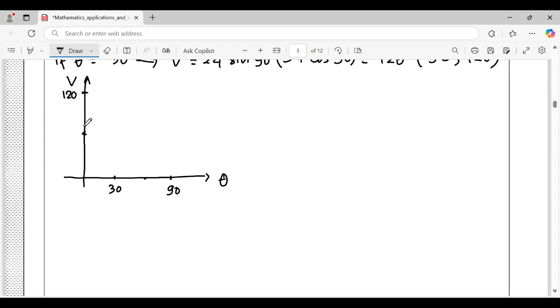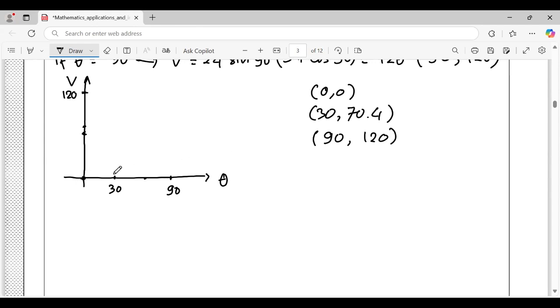This is 60, so 70 around here. First, the origin here, 0, 0, and then 30, 70.4, 90, 120.